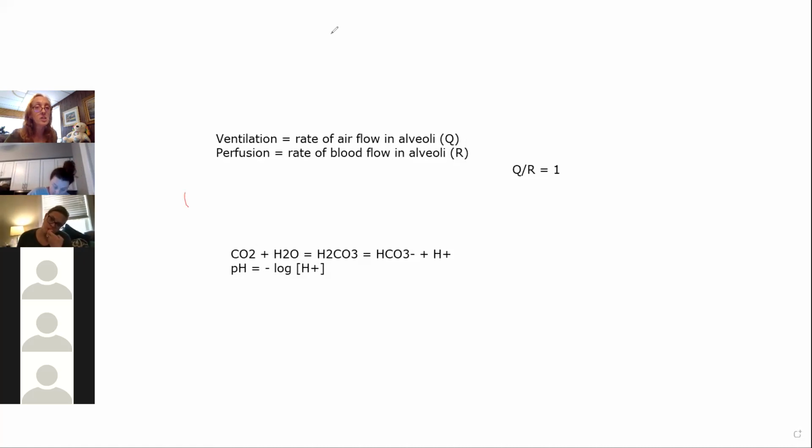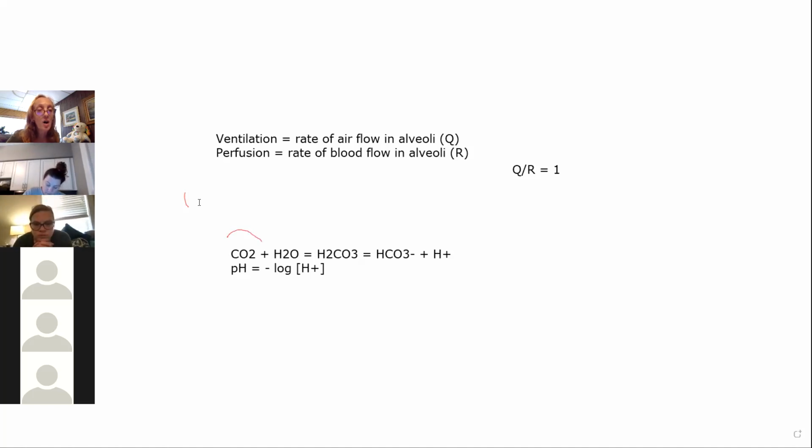These two things on this equation, actually not even both of those things. In order to regulate pH, the respiratory system works on this.